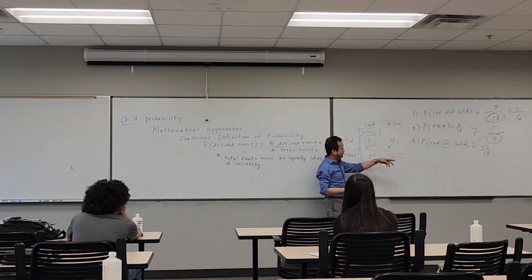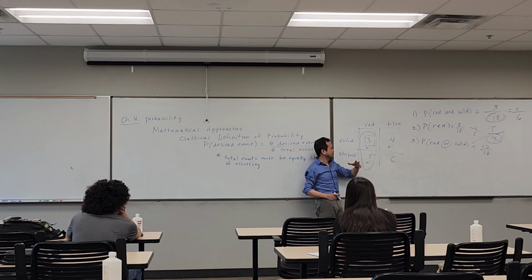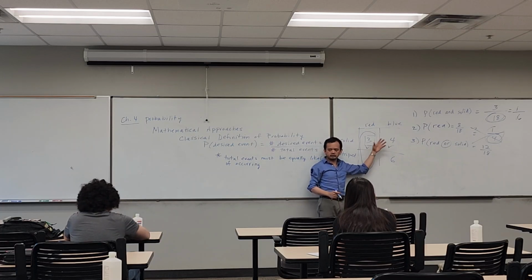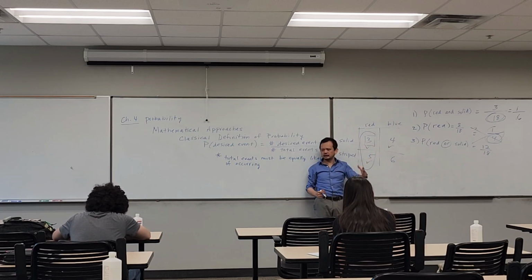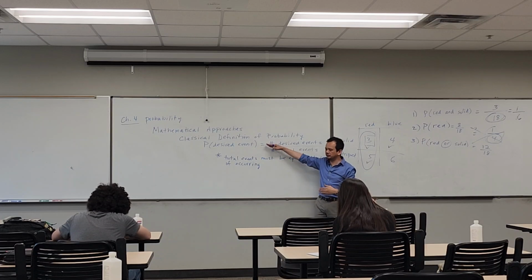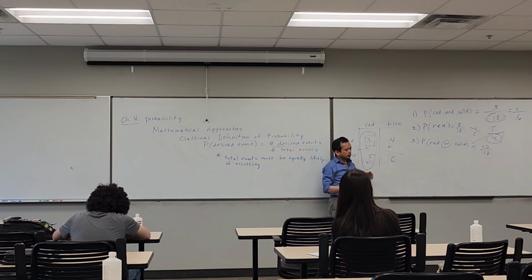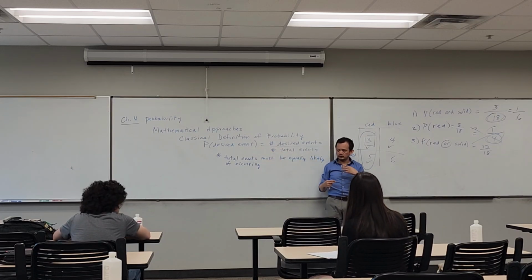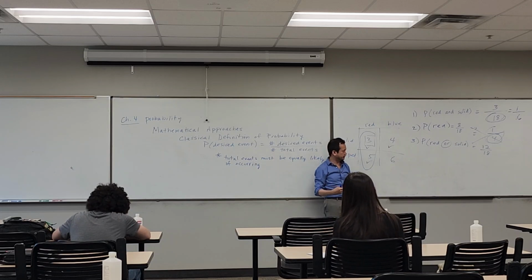Okay, so this is one way that we found that probability, by just observing the total events and then counting up each one and using the classical definition of probability. A second way that we can do this is the next mathematical approach we'll talk about, which is called the addition rule.